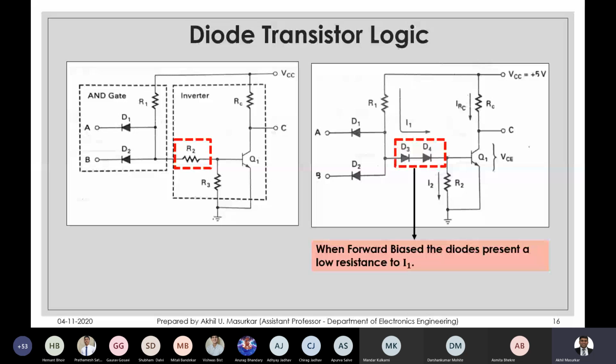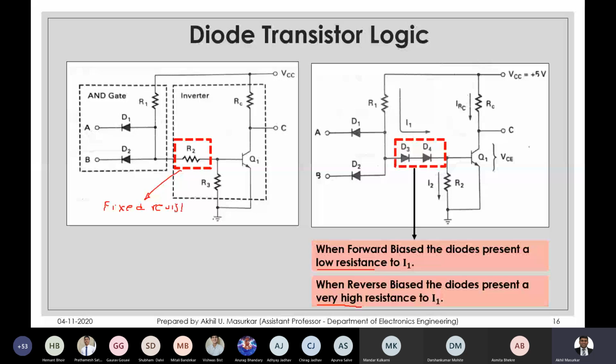So we don't want this resistance to be high when I1 is trying to flow through this to the base, and when we do not want I1 to flow through to the base, we want the resistance to be high. If we use a fixed resistance, it gives a fixed value, but this combination will give me low resistance and high resistance depending on whether I1 tries to flow or not.